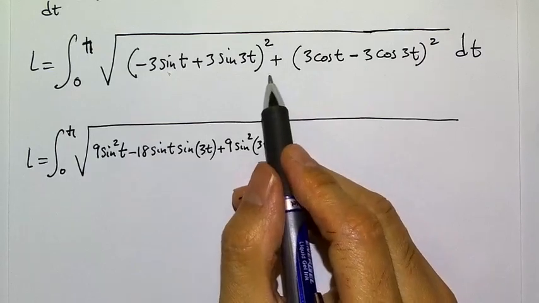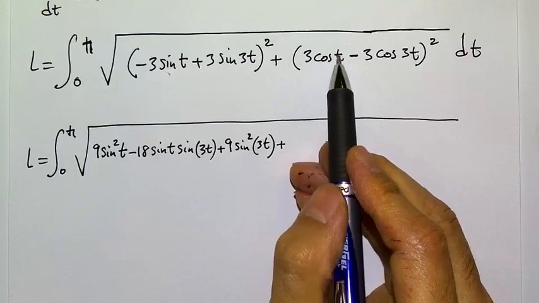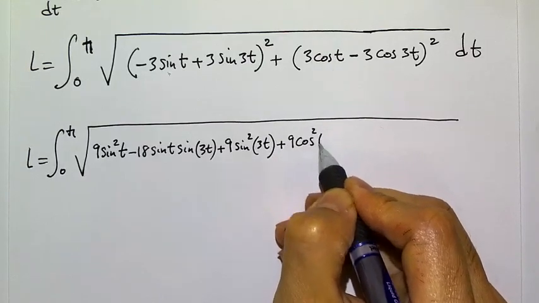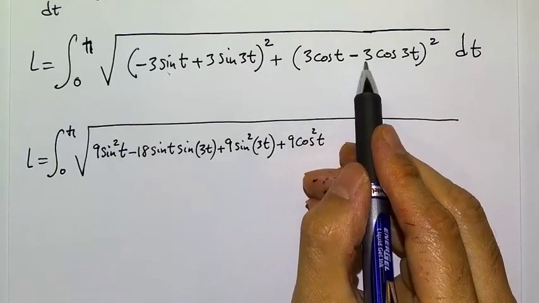Okay, plus the rest of this. Let's see. So 9 cosine squared t minus 2 times this times that.